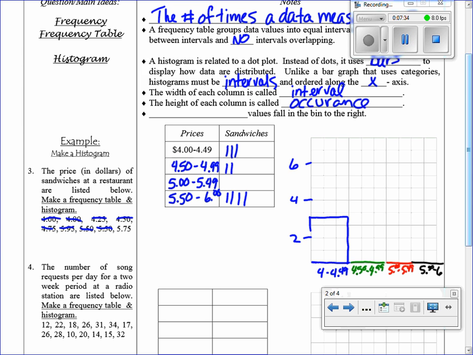That's about 3, I guess. 4.50 to 4.99. And this most certainly doesn't have to be in different colors. I'm just doing this to represent it for you. From 5 to 5.49, there are none, so that would just stay as is. And from 5.50 to 6, it would go up. There's 4 of them, so it would go up to here. And here's our histogram.